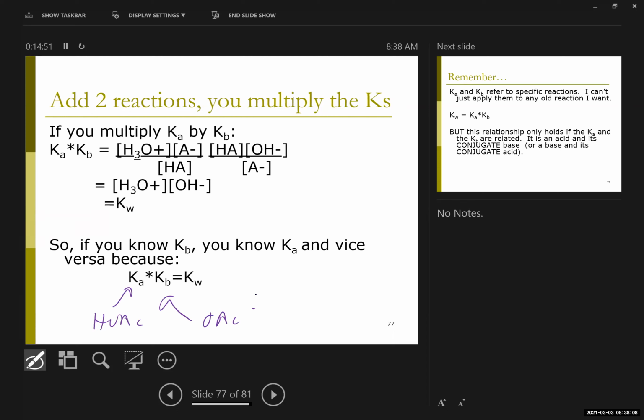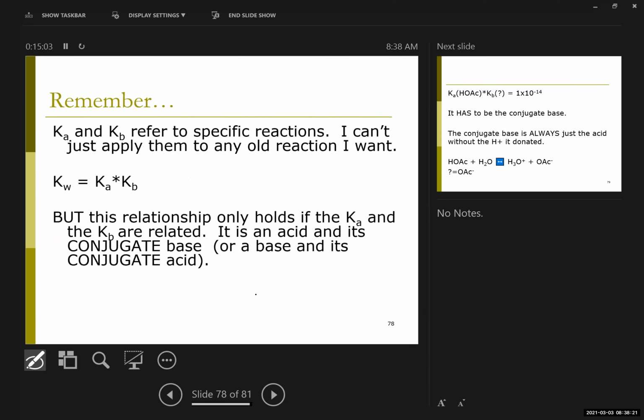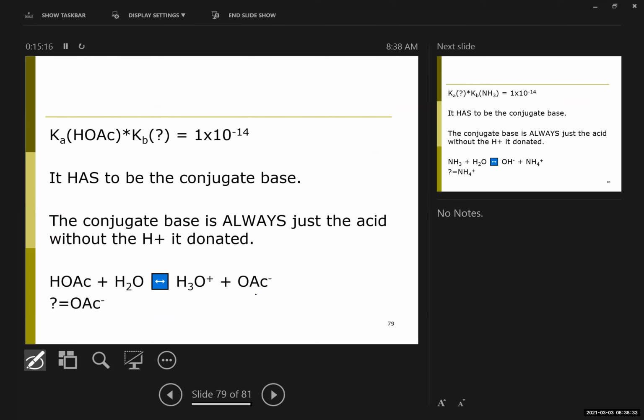And so this becomes useful if I happen to be starting with acetate instead of acetic acid. In the end, I end up with both. But again, historically, I don't always get handed the value in a table because it is quite common to ignore the conjugates when I construct my tables of acids and bases.